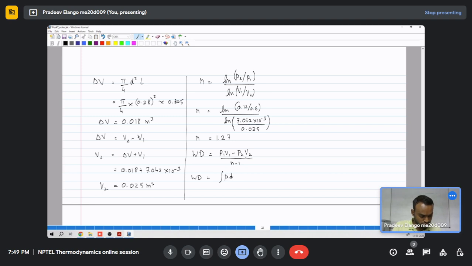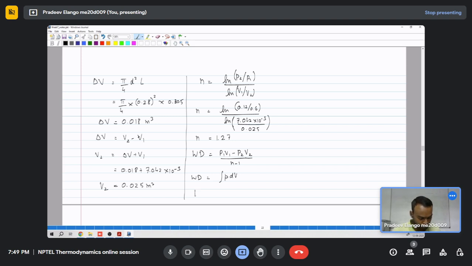So the work done is the integral of P dV. Now write pressure in terms of volume.